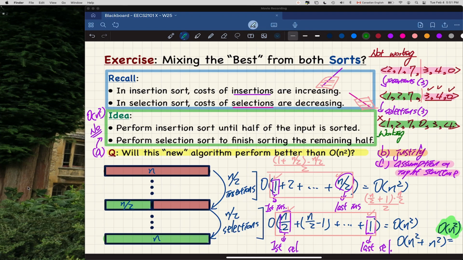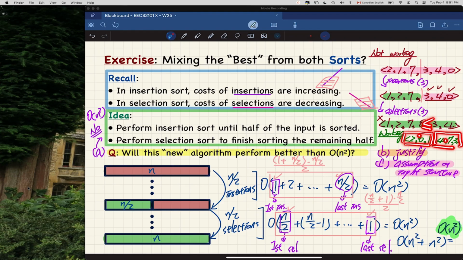The working input is going to be, for example, 2, 0, 1, and also 4, 7, 3. If you think about it, this is the first half, and this is the second half. Every element in the first half is less than or equal to every element in the second half.